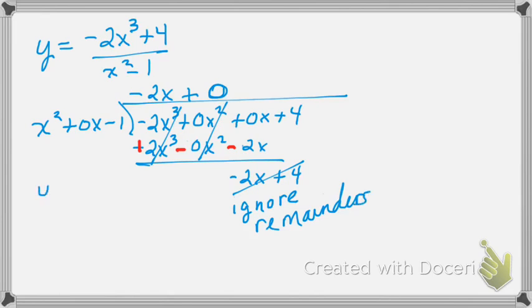Remember me telling you your answer should come out looking like y equals mx plus b? Well, there's your mx plus b right there. y is equal to negative 2x plus 0. You do not need to type in the plus 0, you just type y equals negative 2x. I just wanted you to understand that it matched y equals mx plus b.